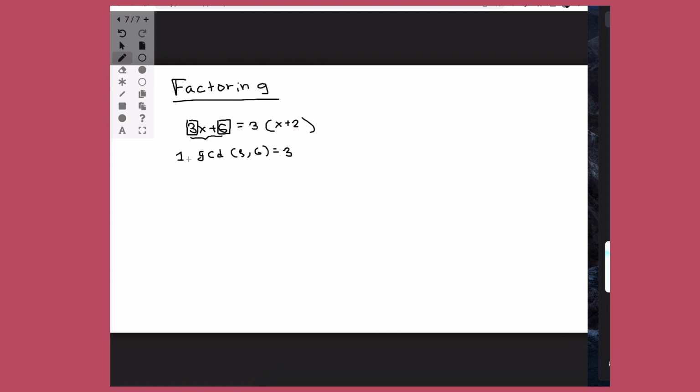So first thing you have to find the GCD, and then you pull out the GCD, or you divide by the GCD to get this term here. Okay, so this is all you can do when you have only one variable.